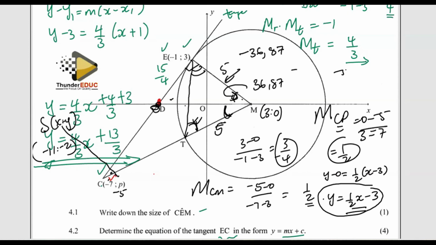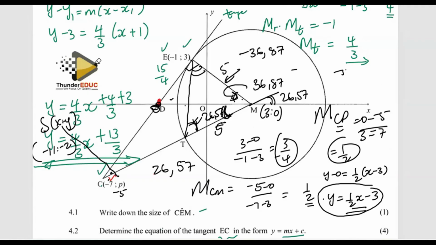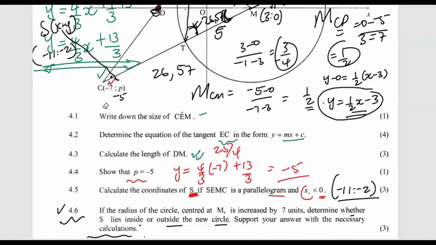Okay, so the shift tan of a half gives us a 26,57. So meaning that this angle here is a 26,57. Even this one will be a 26,57.